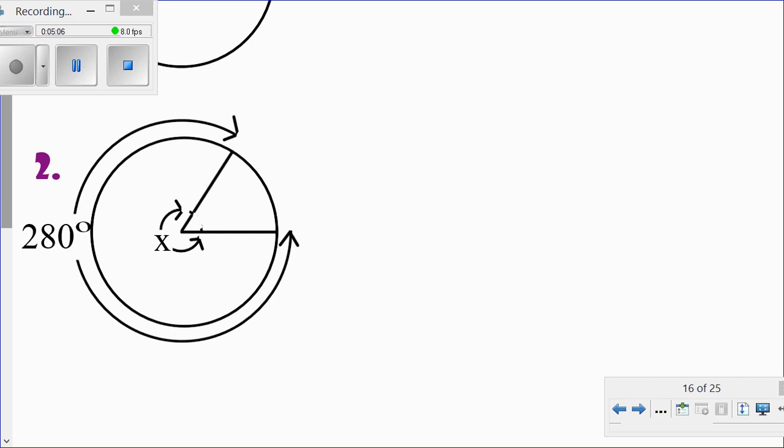It's also showing us that the intercepted arc, starting here and ending here, measures 280 degrees. So if the intercepted arc is 280 degrees, then the central angle, in this case the obtuse angle, not this angle here, also measures 280 degrees. So x is 280 degrees.